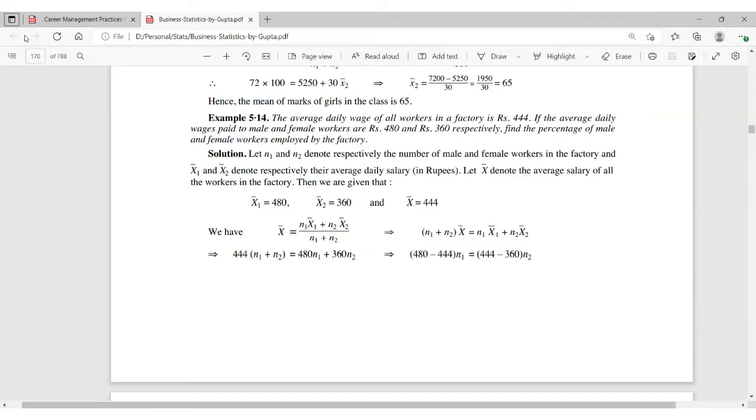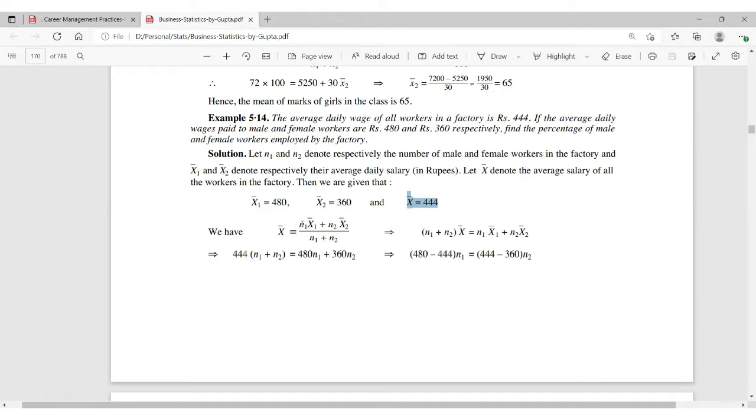See, this is the formula of the combined mean, right? Now, the formula for the combined mean is n1 x1 bar plus n2 x2 bar on n1 plus n2, right? X1 bar is given 480, x2 bar is given 360, and combined mean x12 is given 444, right?